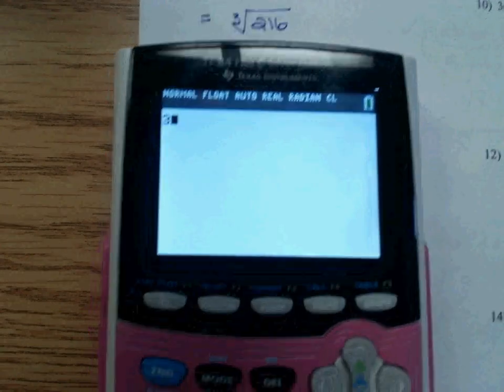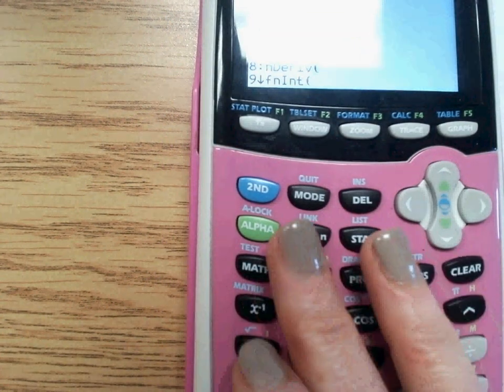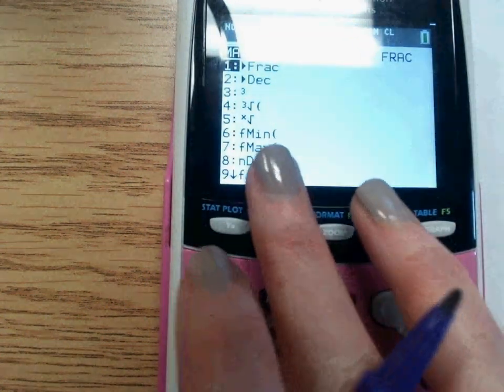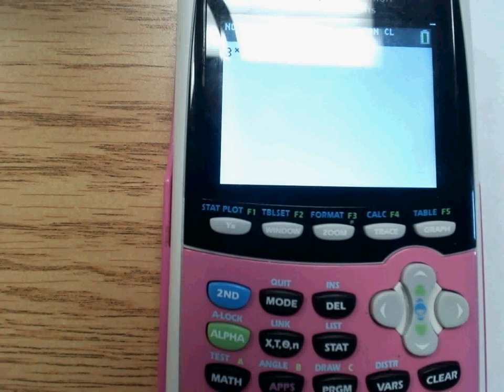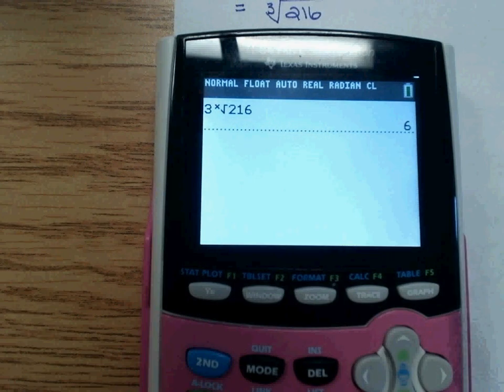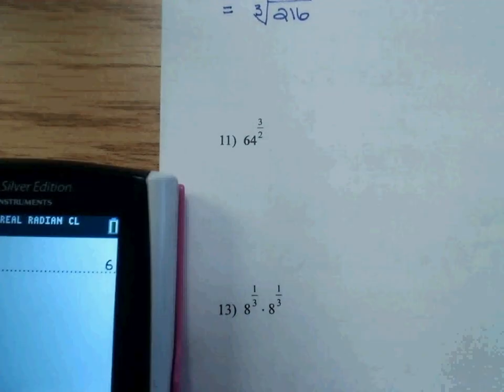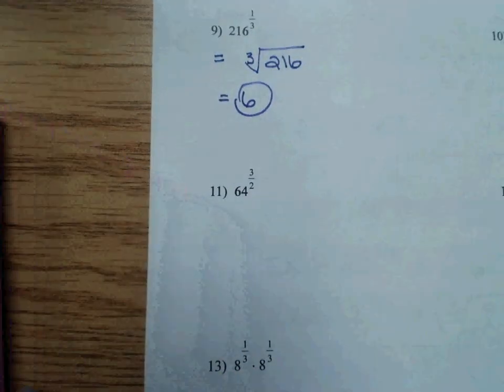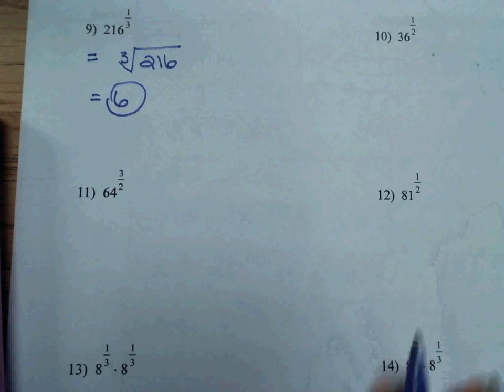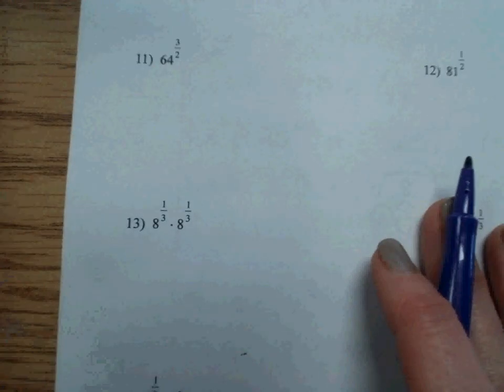Remember, for my calculator, I have to enter the index first, and then I go to the math key. Number 5 is where I see that index, any index I want. Then 3 becomes that index, and I type in 216, and that works out nicely. So the cube root of 216 is 6. You do need to simplify each one of these expressions.